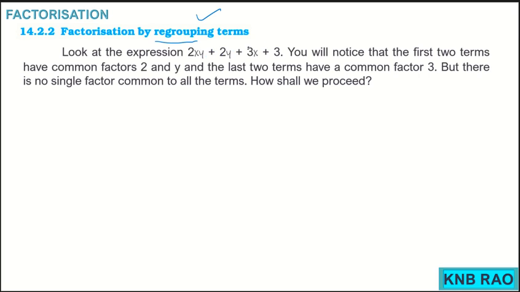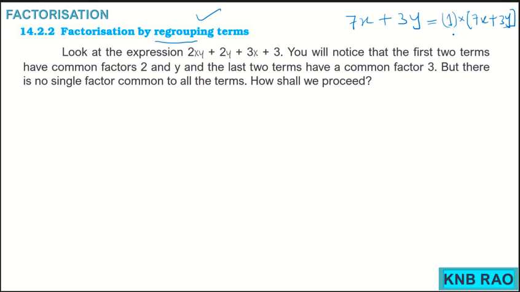So suppose I have 7x plus 3y, do you find any common factor for the 7x term and 3y? No. So is there any speciality if you write this as 1 into 7x plus 3y?